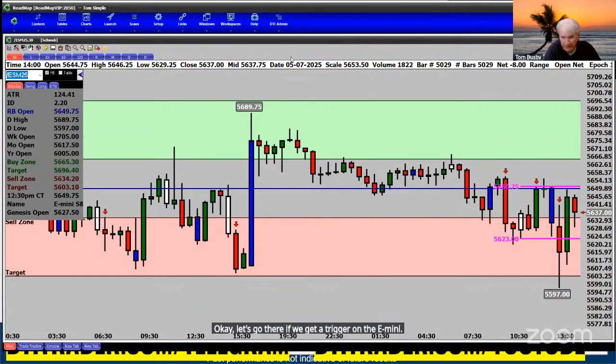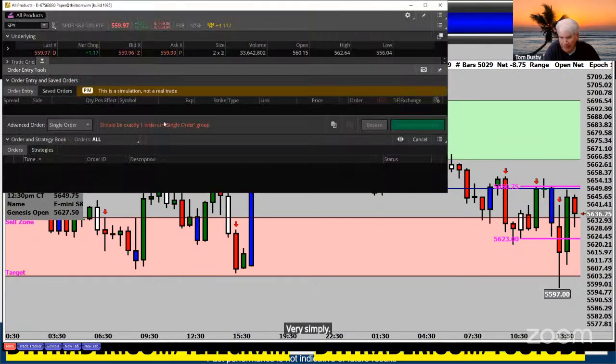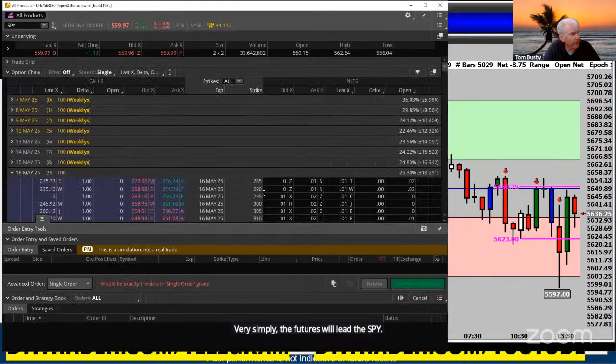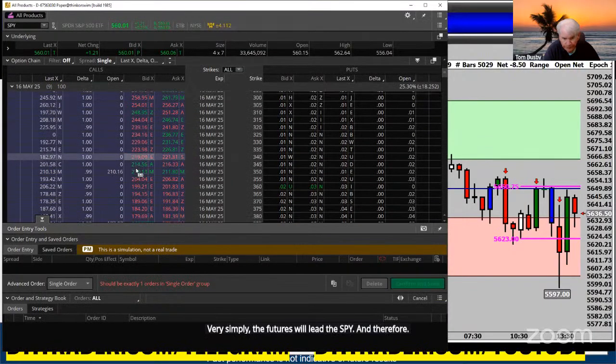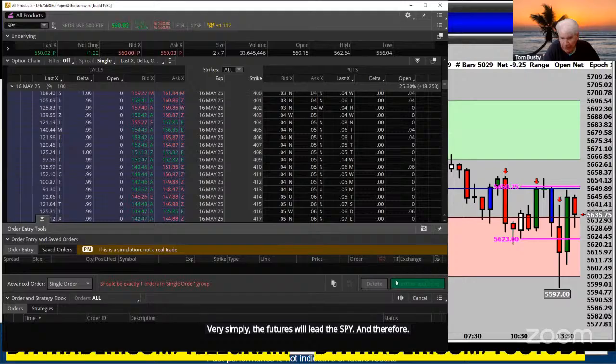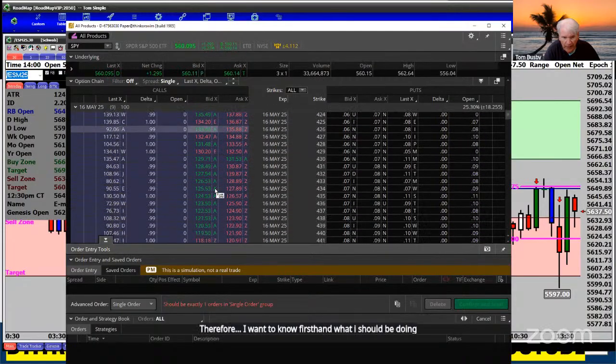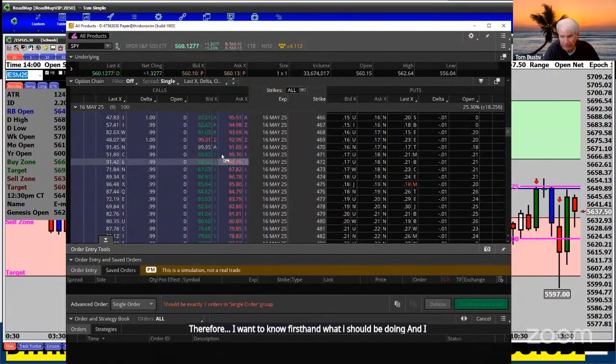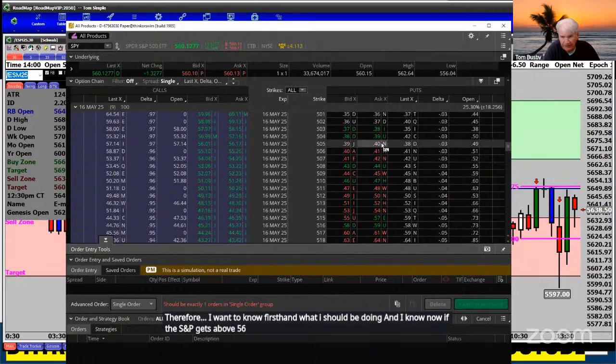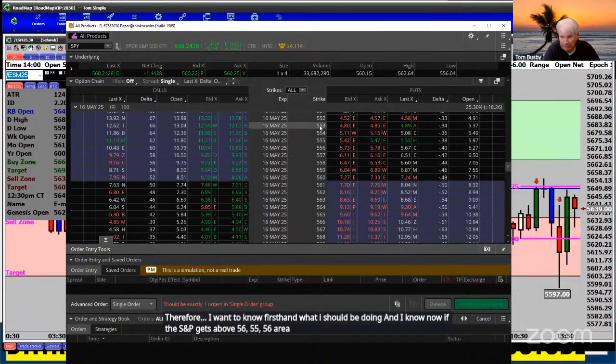E-mini is about 56.40. Why would I do the futures to trade the SPY? Very simply, the futures will lead the SPY, and therefore I want to know firsthand what I should be doing. And I know now if the S&P gets above 55, 56 area, I need to be thinking SPY.